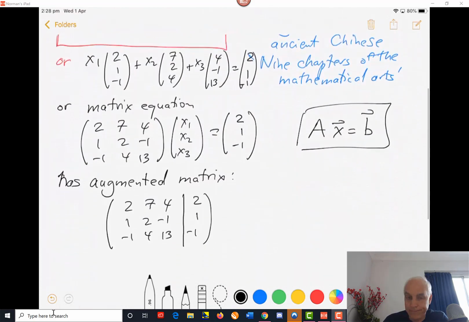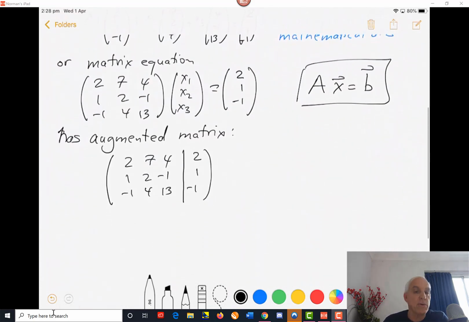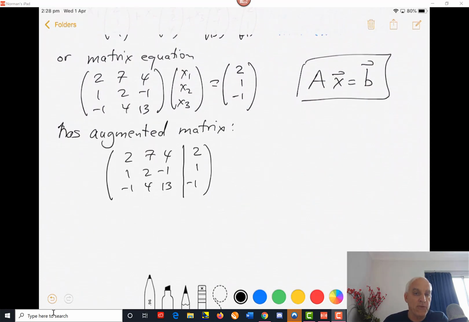Okay, so what are we going to do? We are going to row reduce this thing. We're going to perform elementary row operations. At each stage, we're performing one of the 3 elementary row operations, which replaces the given system of 3 equations with 3 other equations which are equivalent, in the sense that the solutions are exactly the same.